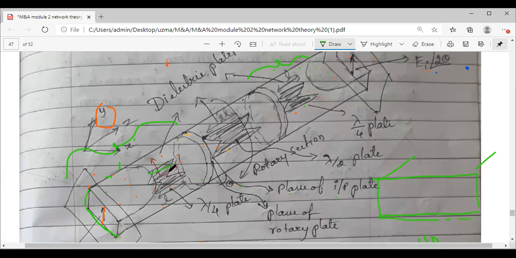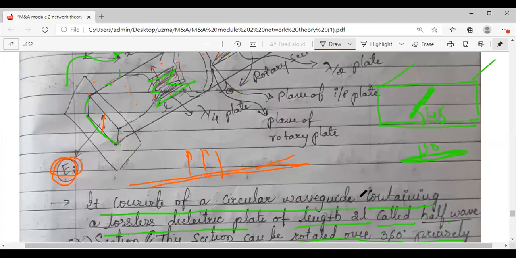The plates kept inside this one and this one, first and third, are tilted, like this. You will see a single line from the front view. Actually the single line means you will see this section. So this is tilted at an angle of 45 degrees. The single line you see is actually the dielectric plates, lambda by 4 plates.